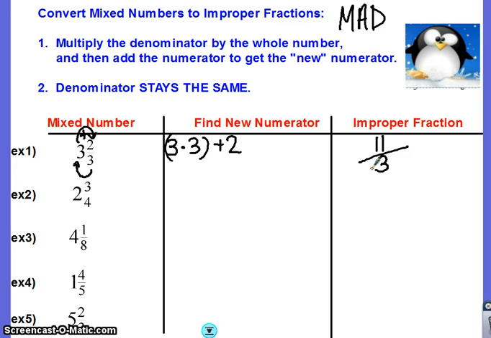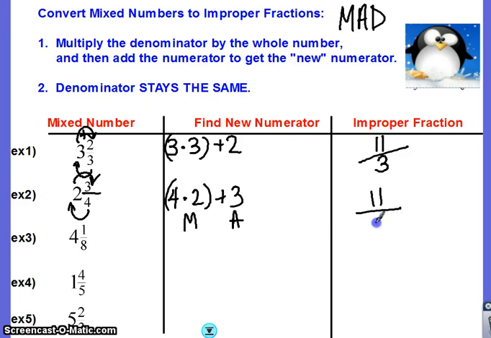Okay, let's try one more together. Let's get mad. 4 times 2 is 8 plus 3, 11. And the denominator is 4. This is our D. Okay, so we're getting mad.